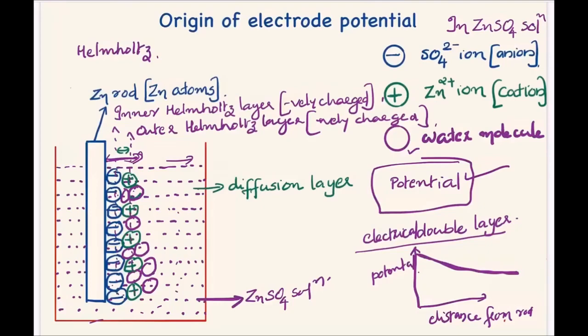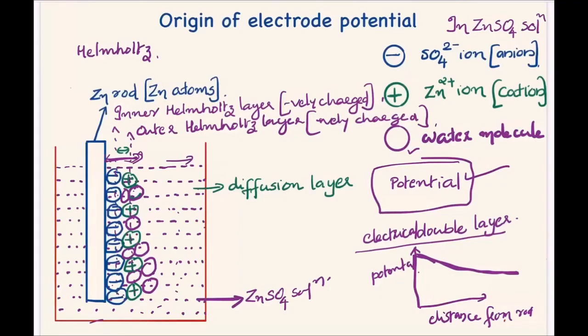From here to here, the decrease will be a linear decrease. From here to the inner edge of this container, the zinc sulfate container, the decrease will be exponential. That is the only difference in the decrease. Actually, it will decrease from the rod to the inner edge of the zinc sulfate solution. From here to here, the decrease will be linear. After that, the decrease will be exponential.